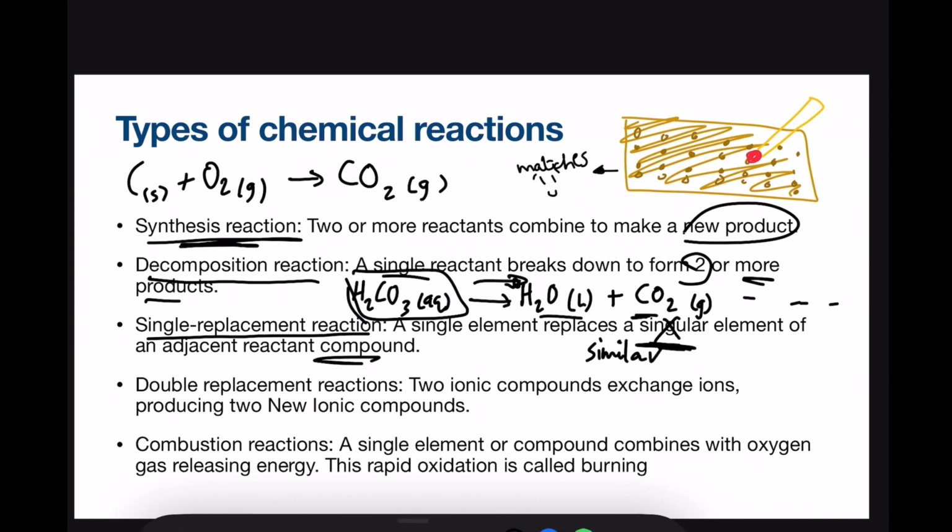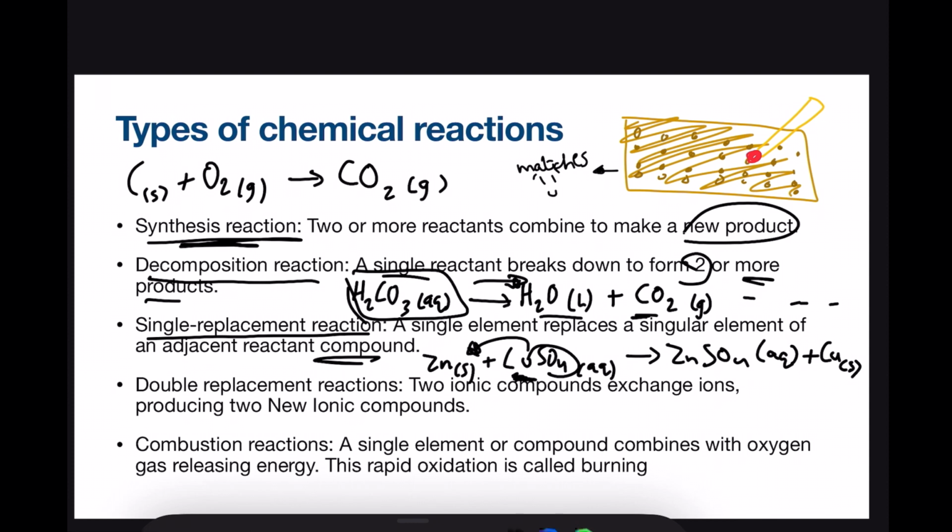So here, zinc, solid, plus CuSO4, which is aqueous, makes ZnSO4 aqueous plus Cu, which is solid. So here, this was replaced, and this went here, so this one went here, and then copper was left alone.